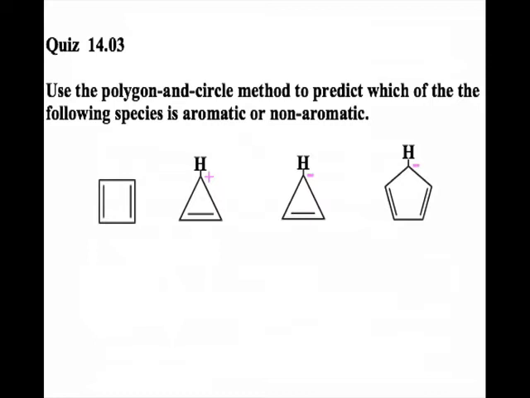It has to be planar. It's not like cyclobutadiene. Actually, cyclobutadiene, if it were to form, would pucker up a little bit like an envelope. And the cyclopentadienyl anion, it is aromatic. It has 6 pi electrons, it's planar, completely conjugated, and it is cyclic, obviously. Okay?